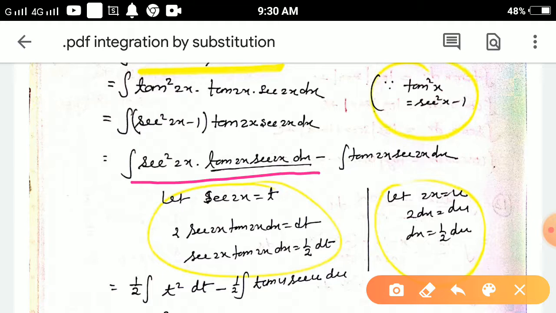On differentiating with respect to x on both sides, we write 2 sec 2x tan 2x dx is equal to dt, because we know that the differentiation of sec x is sec x tan x. Therefore the value of sec 2x tan 2x dx is equal to 1 by 2 dt.